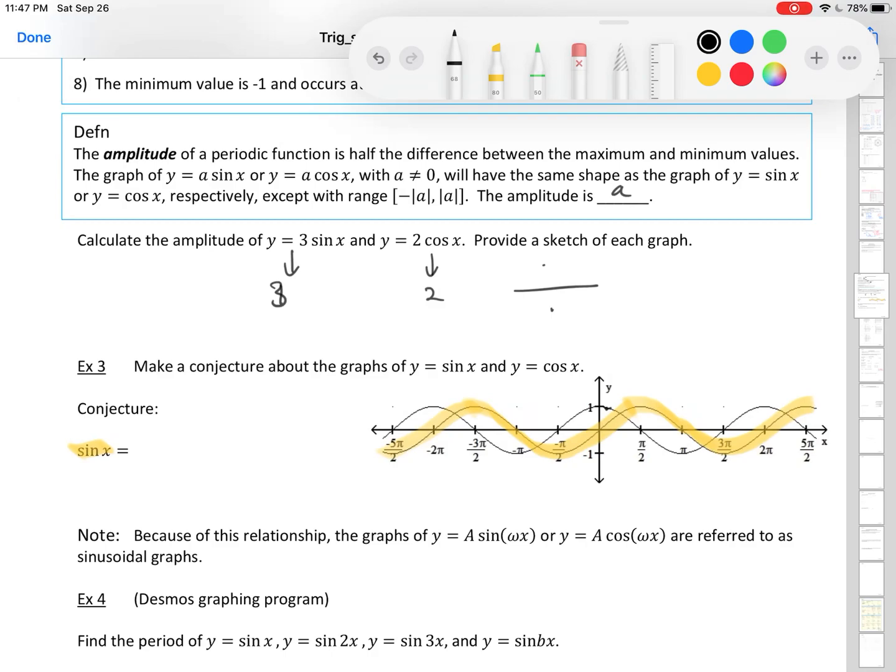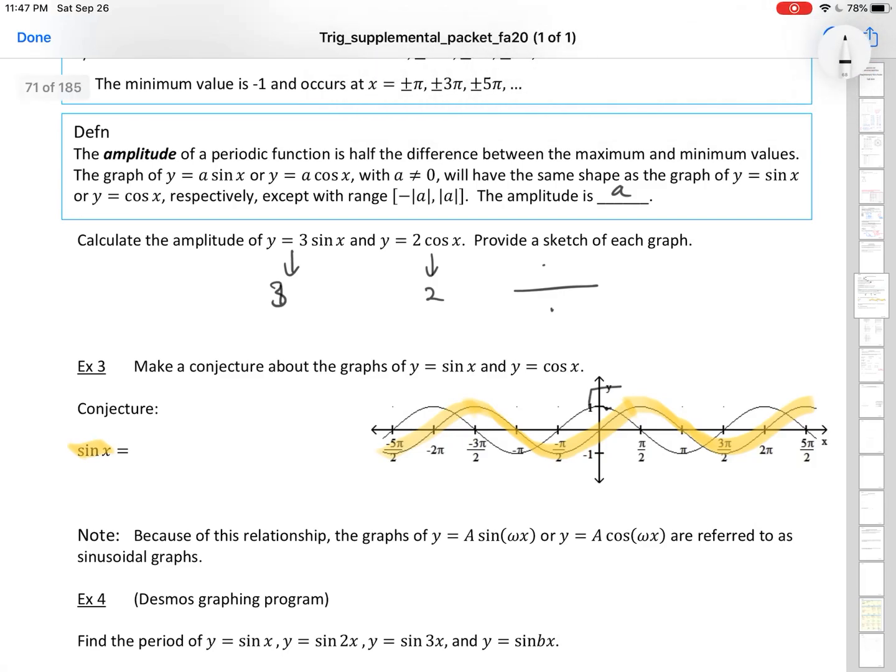Notice if I took this cosine graph that's unshaded and moved it to the right by pi over 2, I would have the exact same graph. Well, how do you move a cosine graph pi over 2 to the right? You subtract pi over 2, just like you know from your algebra days, right? Where y is equal to x minus 2 squared?